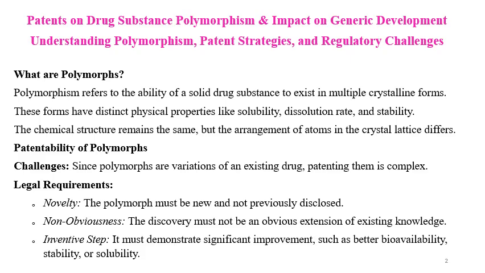Novelty: the polymorph must be new and not previously disclosed. Non-obviousness: the discovery must not be an obvious extension of the existing knowledge. And inventive step: it must demonstrate significant improvement such as better bioavailability, stability, or solubility. These are the legal requirements for patenting the polymorph.